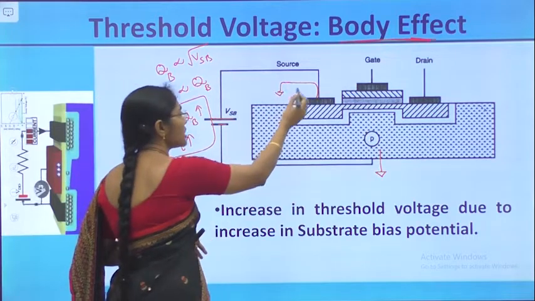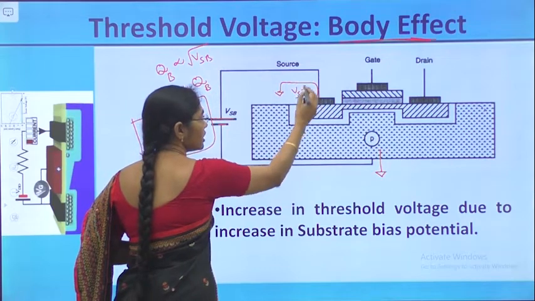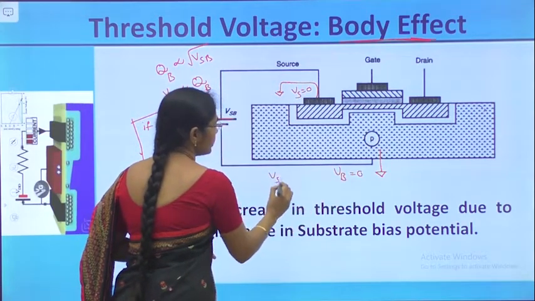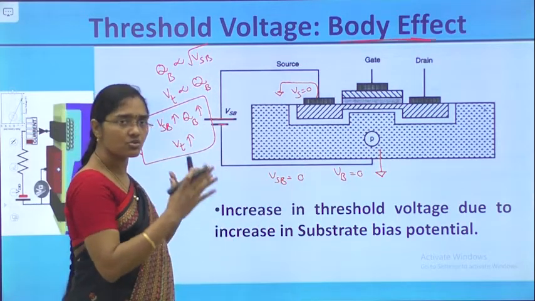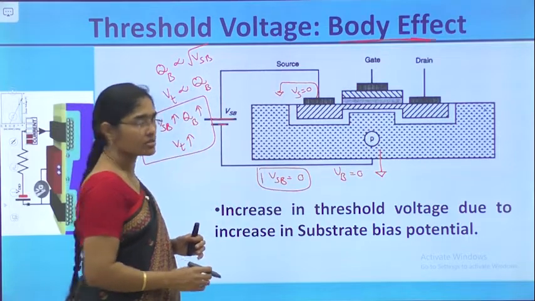So since these two are grounded, always at source 0, at bulk also 0. So VSB is Vs minus Vb, that should be equal to 0. This has to be the maintained voltage, that is VSB equal to 0.